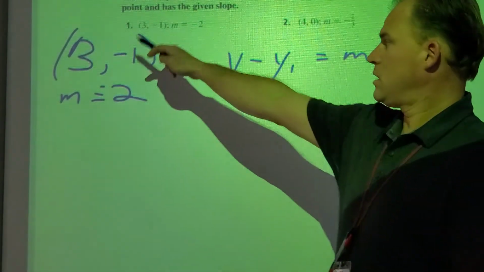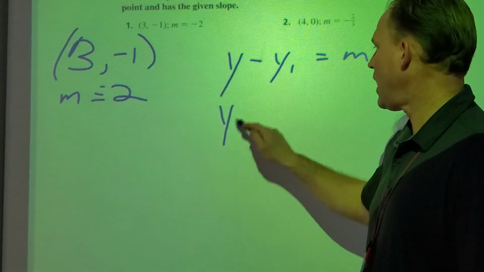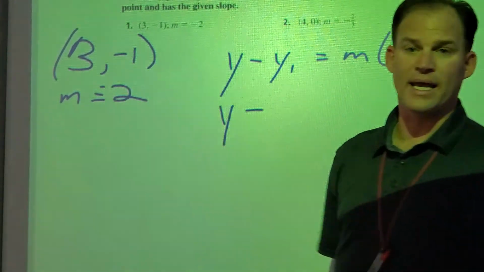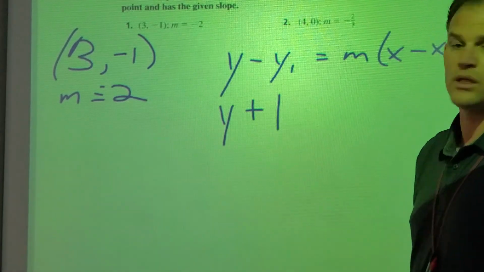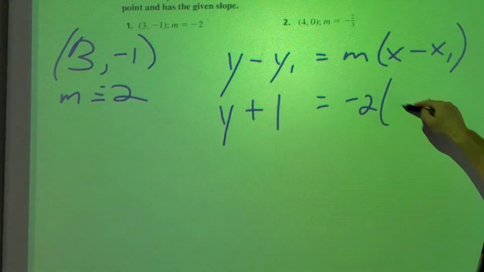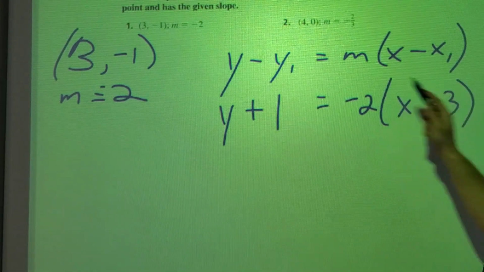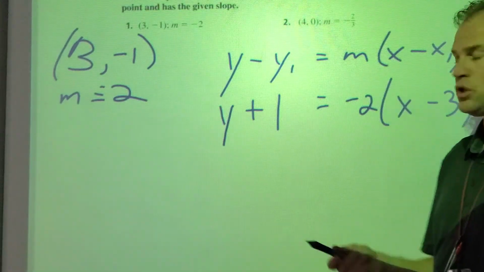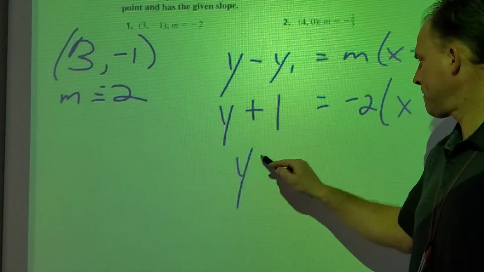All right? Plug in the numbers. Y minus y1. So I got negative 1 here. Plug in negative 1, it turns into plus 1. Equals slope, negative 2, times x minus 3. Step 2, distribute.